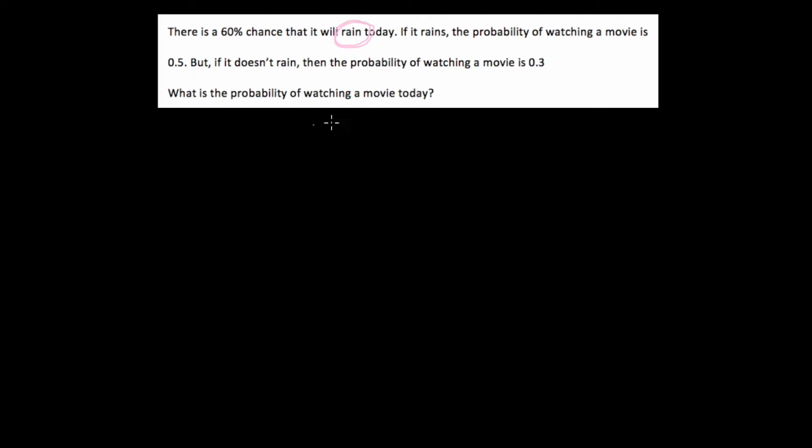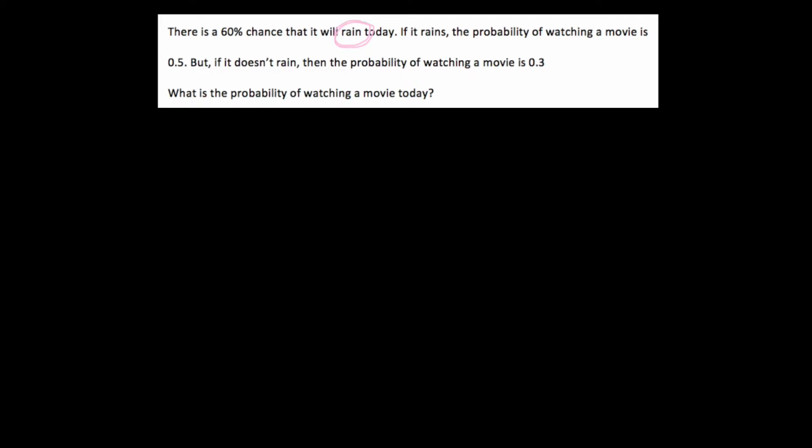You can't just put down 0.5 or 0.3. That would be wrong, because we have to consider both scenarios, when it rains and when it doesn't, and give a conclusive answer after having considered both situations.